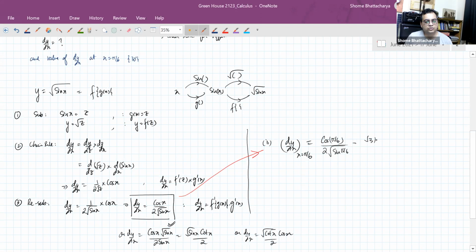So that, as you know, is root 3 by 2 divided by 2 into square root of half. That will become root 3 divided by 2 root 2, or you can write that as root 6 by 4. So this is the answer to this problem.